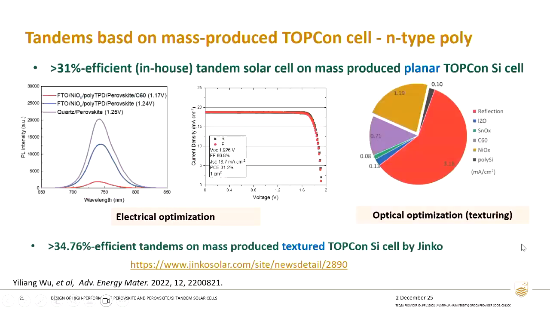Over the past 8 years of collaboration and through extensive electrical and optical optimization and engineering, at ANU we achieved in-house over 31% efficiency perovskite silicon tandem based on planar TOPCon. And of course, I mentioned that Jinko has announced over 34% efficiency on textured TOPCon silicon cells very recently.